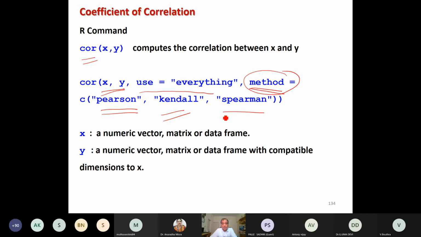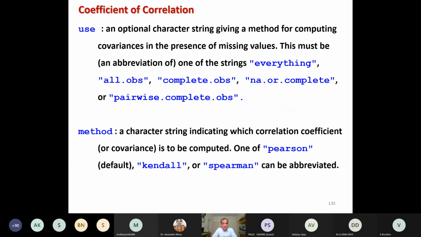But when we want to compute the rank correlation coefficient, which was given by Spearman, called the Spearman rank correlation coefficient, then if you give method equal to Spearman, the same command will compute the rank correlation coefficient. So you can see it is not difficult, right?